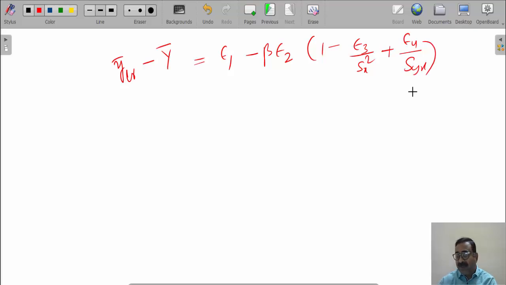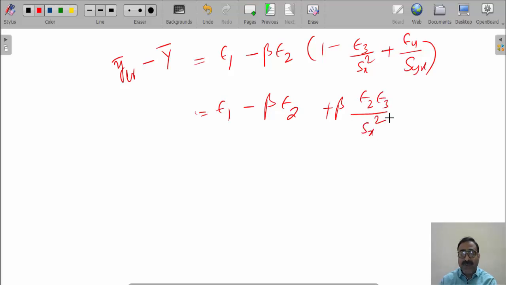This we have already derived. So this is now equal to epsilon 1 minus beta epsilon 2 plus beta epsilon 2 epsilon 3 by sx square minus beta epsilon 2 epsilon 4 by syx.